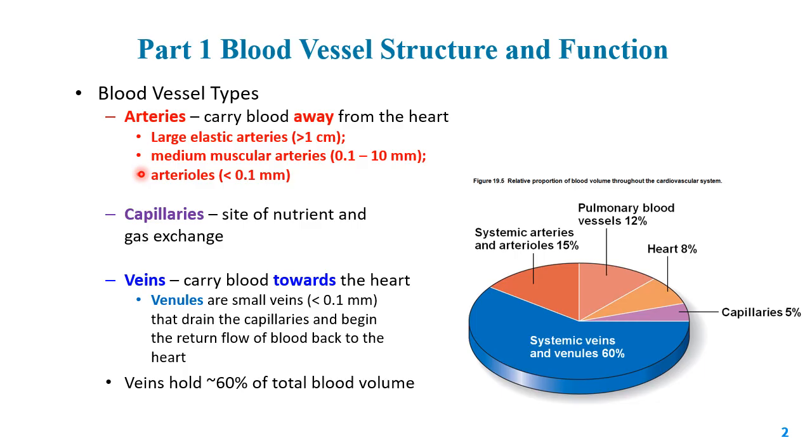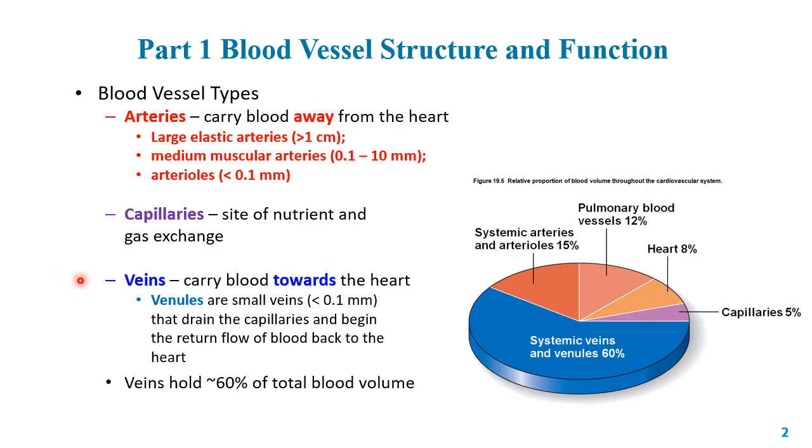And then the tiny ones are arterioles, and those feed into the very, very tiny ones that are the capillaries. The capillaries, as we're going to see, are vessels in a category by themselves, because a lot of the features of capillaries are different than the features of the rest of those blood vessels.